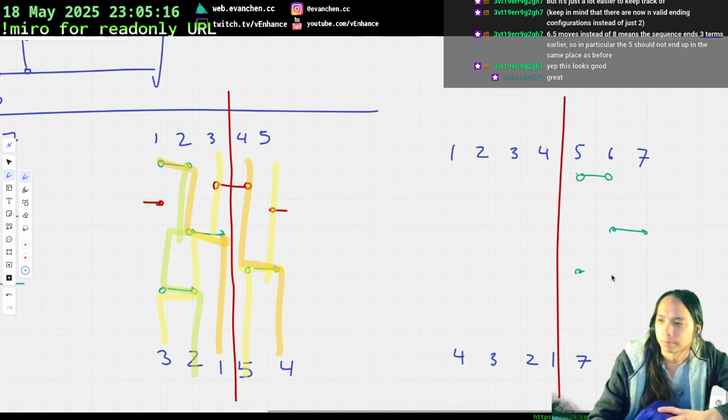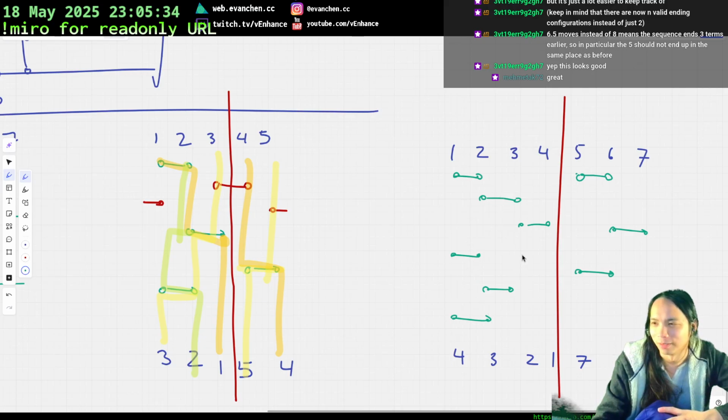I need to remember how cycle decomposition works. And then some of these things commute, by which I mean almost all of them.